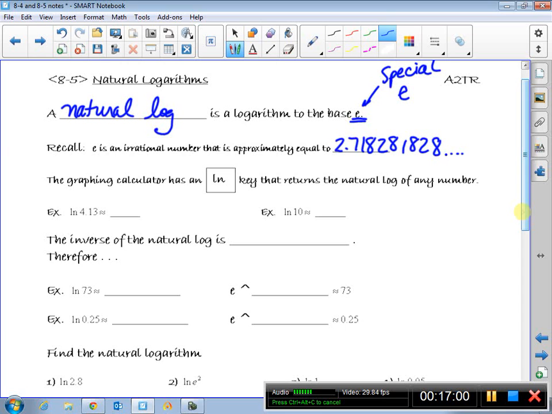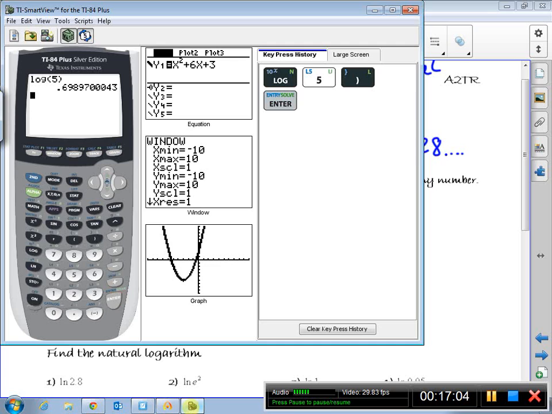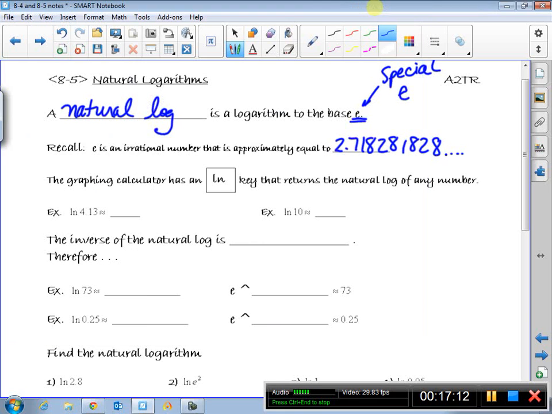So find on your calculator the ln button. I'll show you where that is here. The ln button is right there, ln right underneath the log. You don't want to get them confused. The natural log and the common log are different bases. So let's try on your calculator now the ln of 4.13.